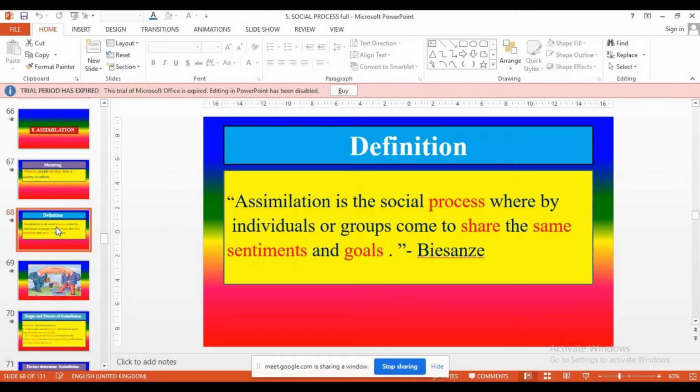Definition: assimilation is the social process whereby individuals or groups come to share the same sentiments and goals. The keywords are social process, and share the same sentiments and goals.